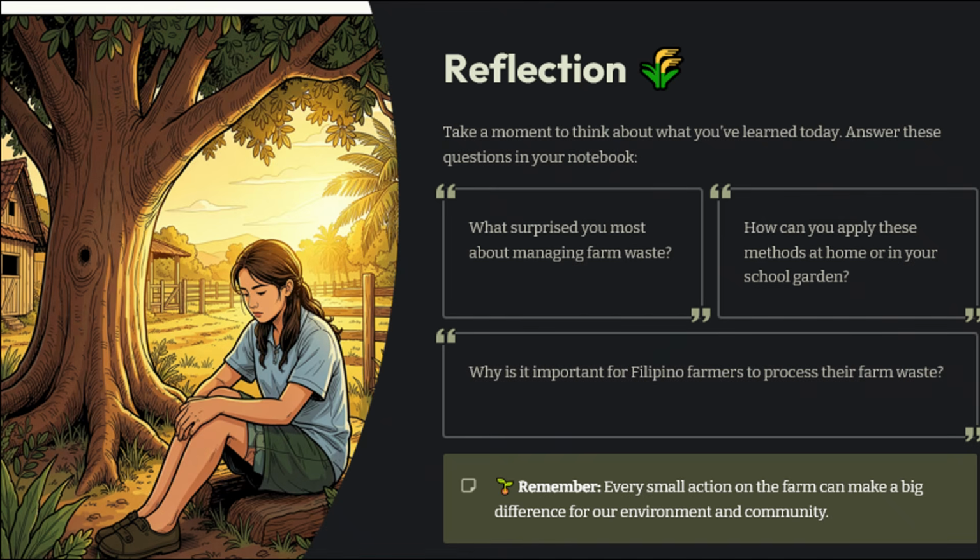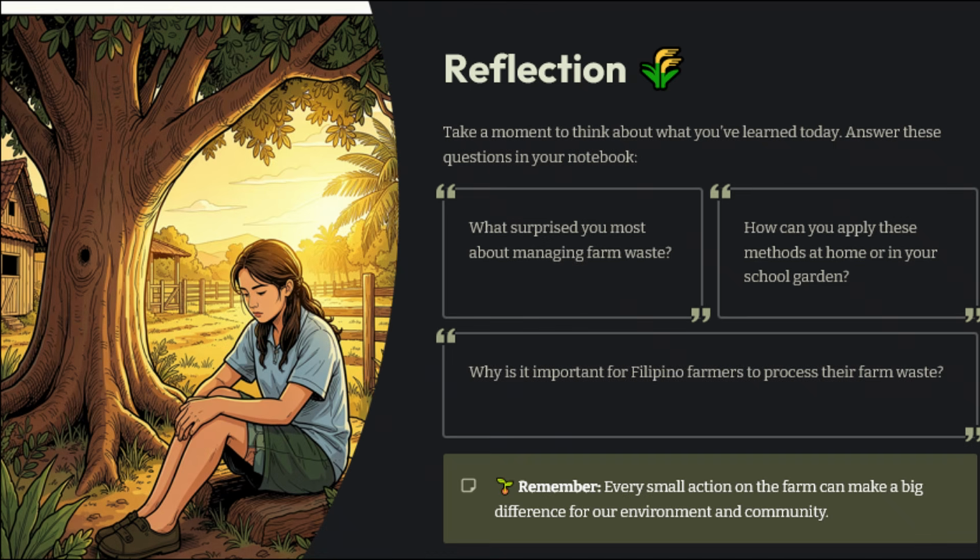And always remember, waste is only waste when we fail to use it wisely. Through proper farm waste management, we can turn waste into a valuable resource that benefits both agriculture and the environment.